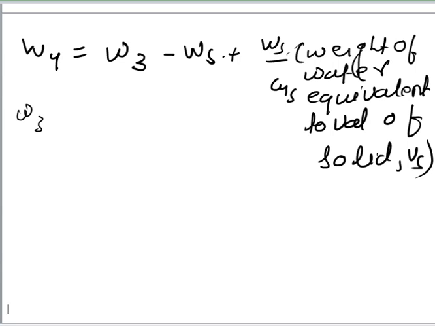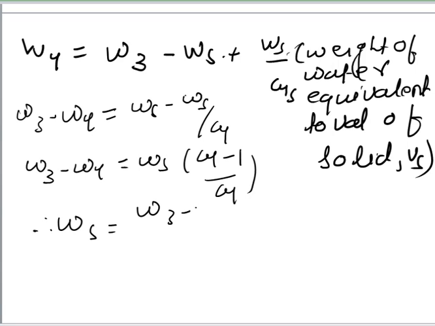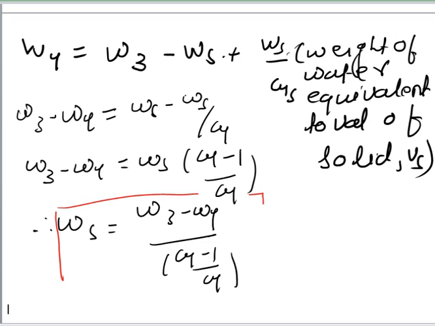Look, W3 minus W4 must equal Ws minus, I can write like this, Ws over G. W3 minus W4 equals Ws (G minus 1) over G. Hence, weight of solid we got: W3 minus W4 over (G minus 1) over G. Now plug in this weight of solid in that very first equation which we have written for water content, and find out the value of water content. This is the complete method.